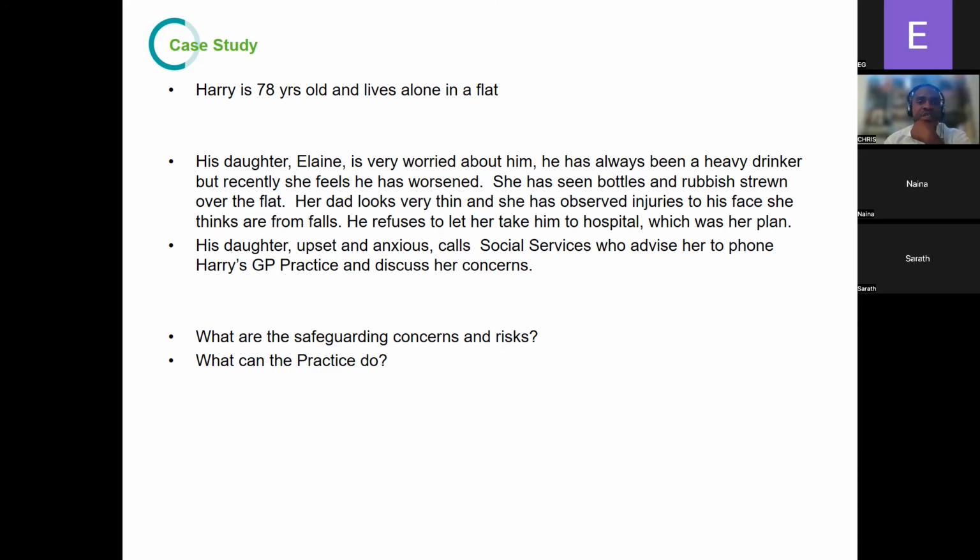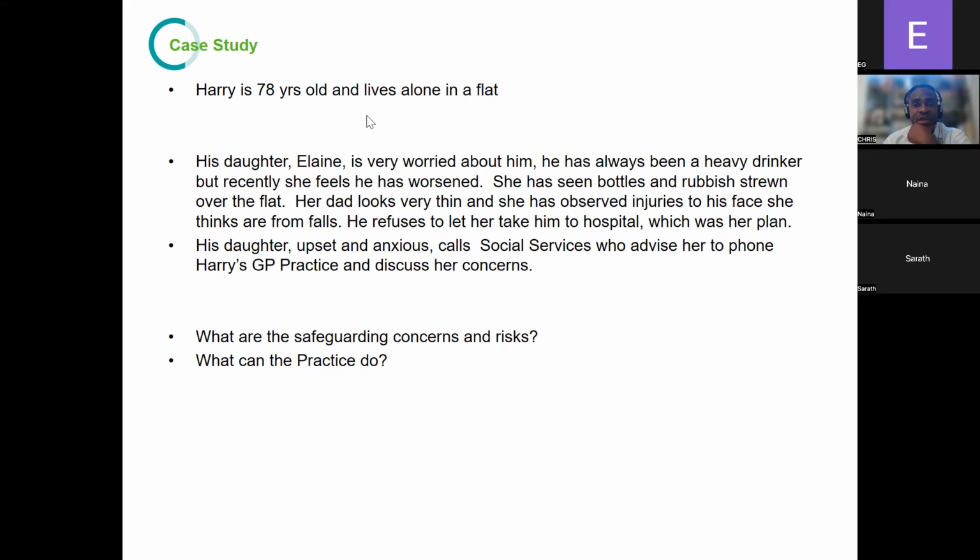Okay, so what do you think are the safeguarding concerns and risks for Harry? Harry is the service user, the adult service user. And let's assume that Harry is living in a care home, or maybe he's living in his own home and is having 24-hour care, okay?